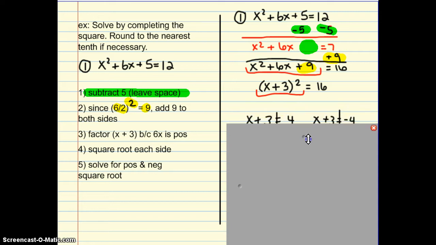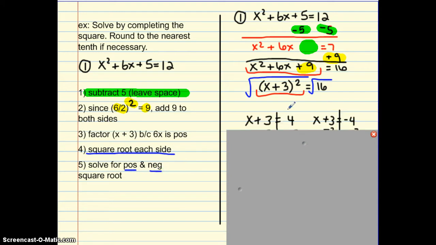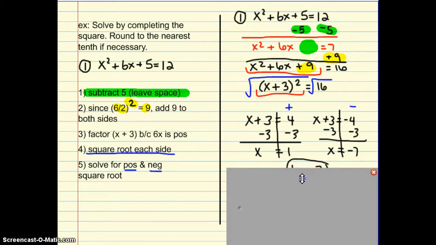What I can do then is take the square root of each side and I'm going to solve for the positive and the negative square root. So here is my positive square root and my negative square root. And when I solve that down, I have x equals 1 and x equals negative 7.